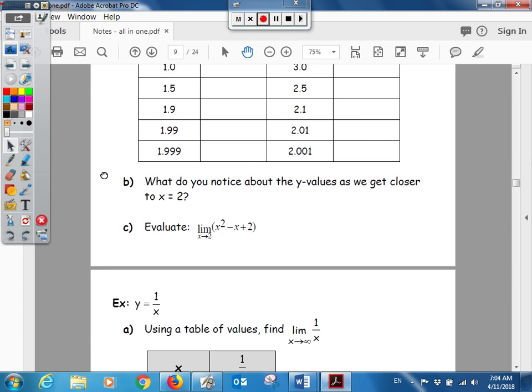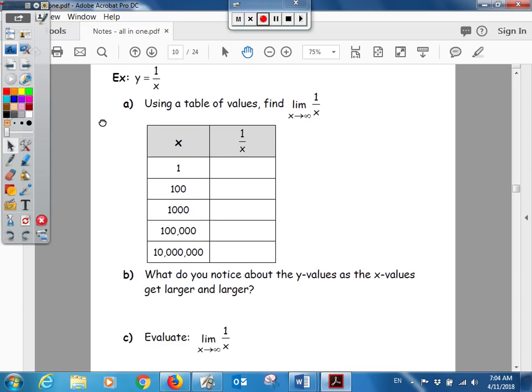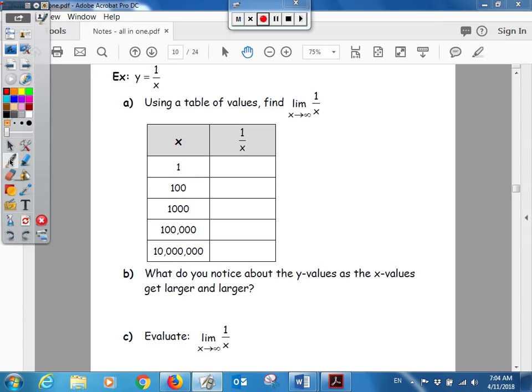Okay, so in this example, y equals 1 over x. Using a table of values, find the limit as x approaches infinity of 1 over x. In this case, x is getting infinitely large, so I want to pick x's that are getting infinitely large.